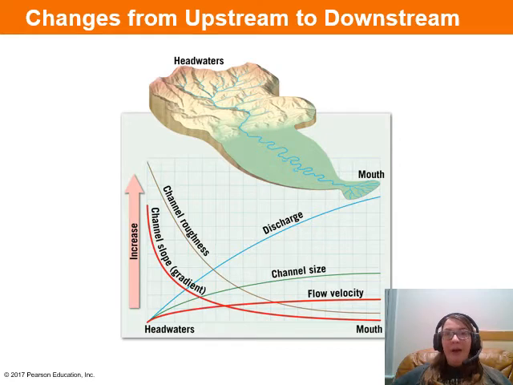If you can figure out how the gradient changes, you can figure out how fast that water will move, what size the sediments will be, which will tell you the roughness and how quickly that water is going to flow. So here, again, I really want you to know the differences of how water moves from our headwaters where the river starts to the mouth where the river ends.